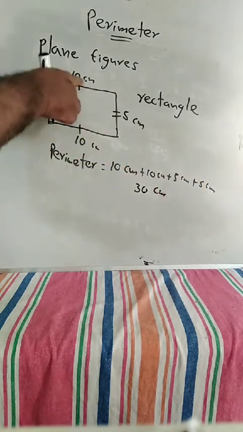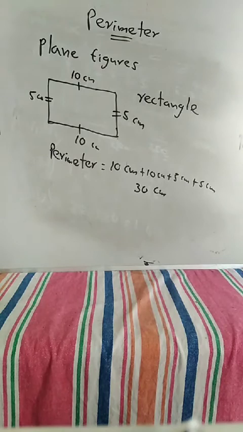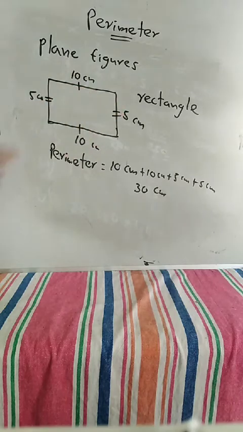The unit is centimeters because centimeters were given. The perimeter is the sum of all lengths.